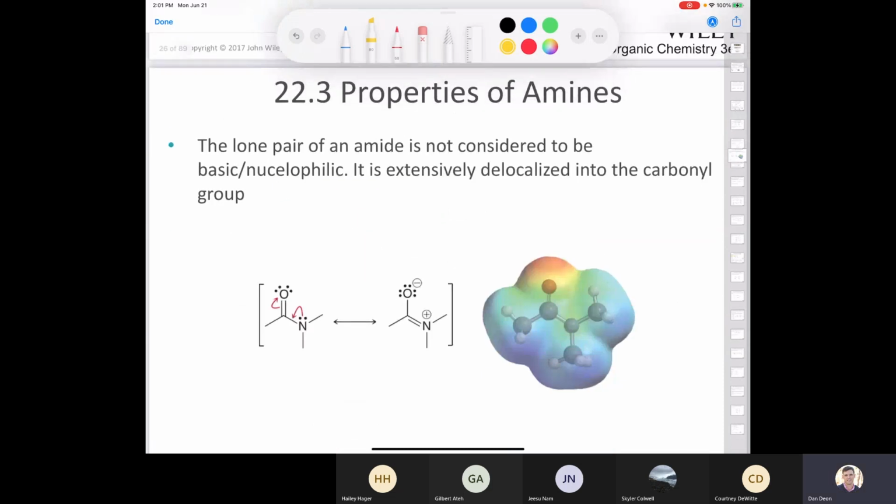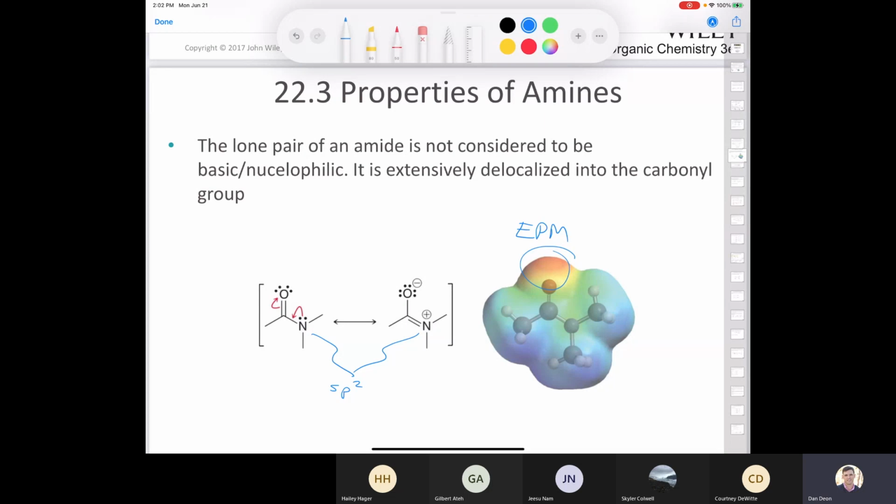Again, we talked about the lone pair on the nitrogen of an amide, and we said that that nitrogen is actually sp2 hybridized because that lone pair is participating in resonance with the carbonyl. If you look at the electrostatic potential map of an amide, you see that most of the electron density is up on the oxygen. What does that tell you? It is not available whatsoever.